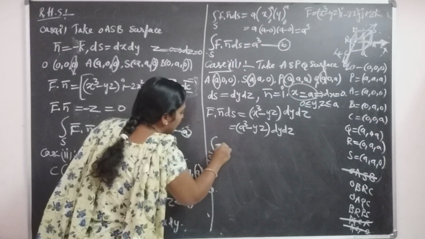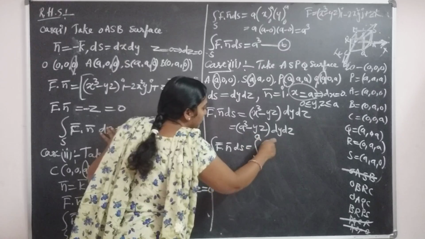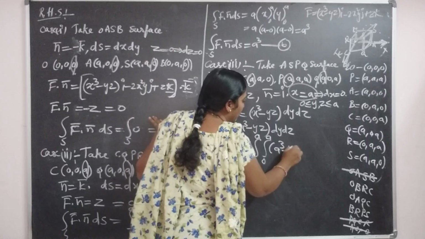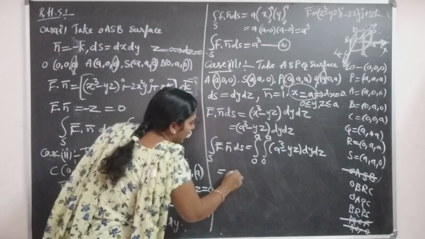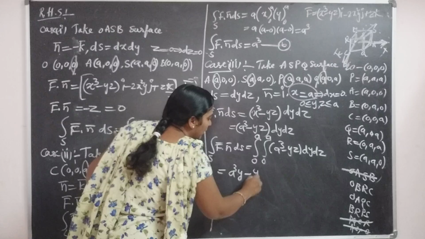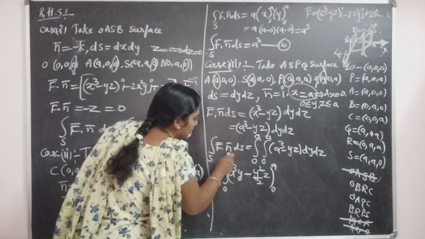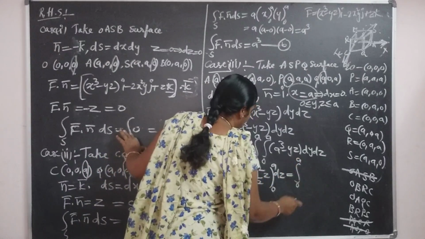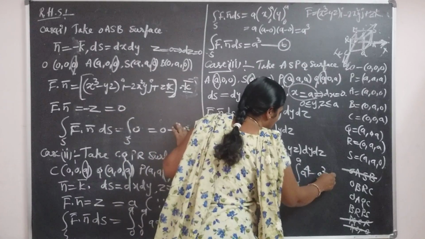So the surface integral of F dot n dS is the integral with y limits from 0 to a and z limits from 0 to a of (a cubed minus yz) dy dz. It is equal to a cubed y minus, in the second term, y squared by 2 times z, limits from 0 to a, integral 0 to a dz. It is equal to the integral from 0 to a of (a to the power 4 minus a squared by 2 z).